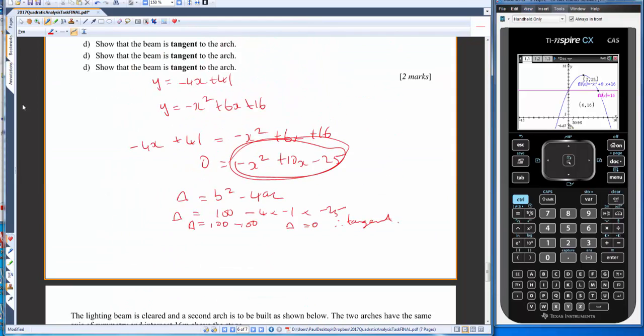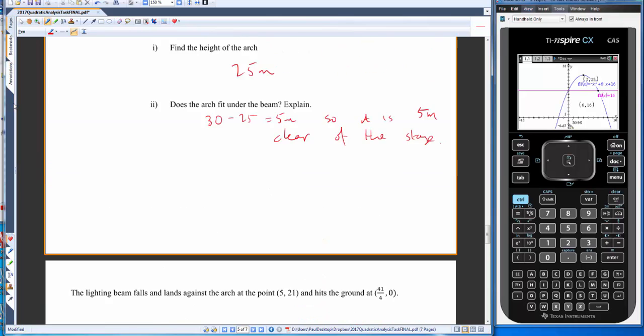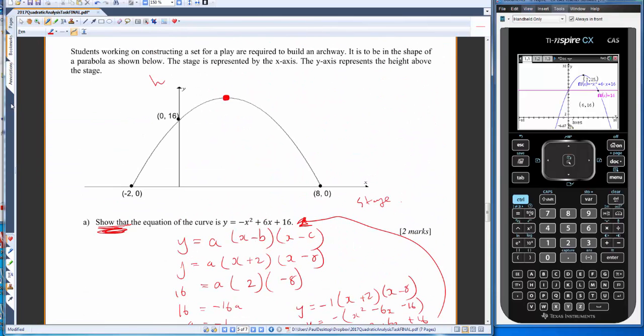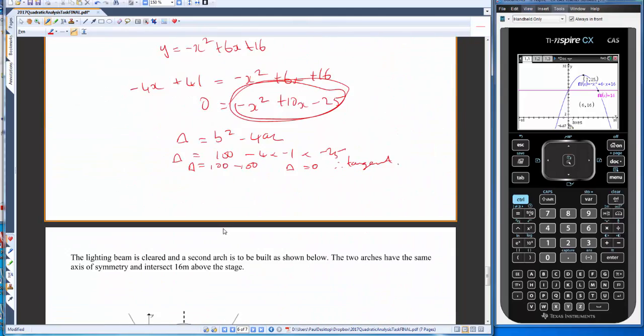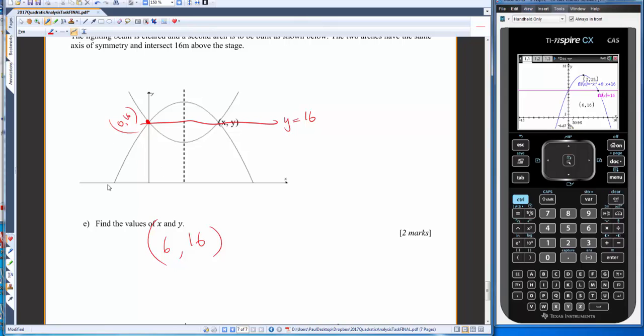Let's go back to the original over here. We know that the maximum, this point here, was 3, 25. So I do know something about the turning point of the other parabola. This parabola here will have an axis of symmetry of x equals 3.